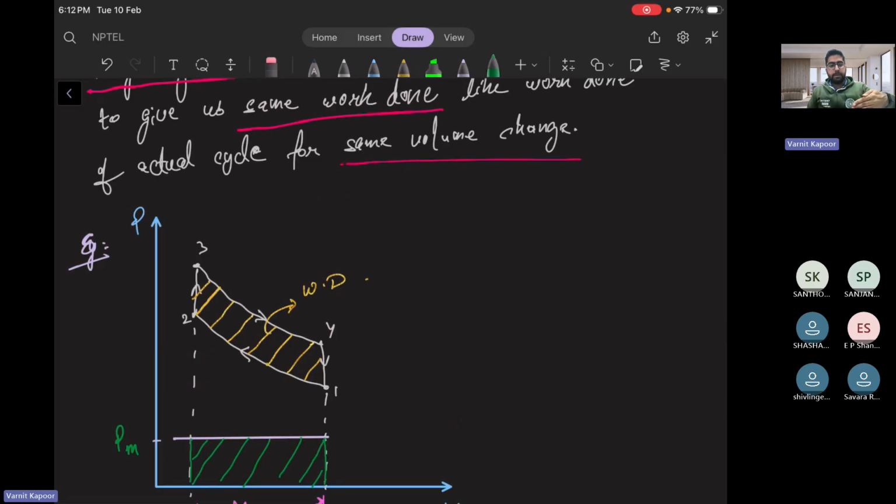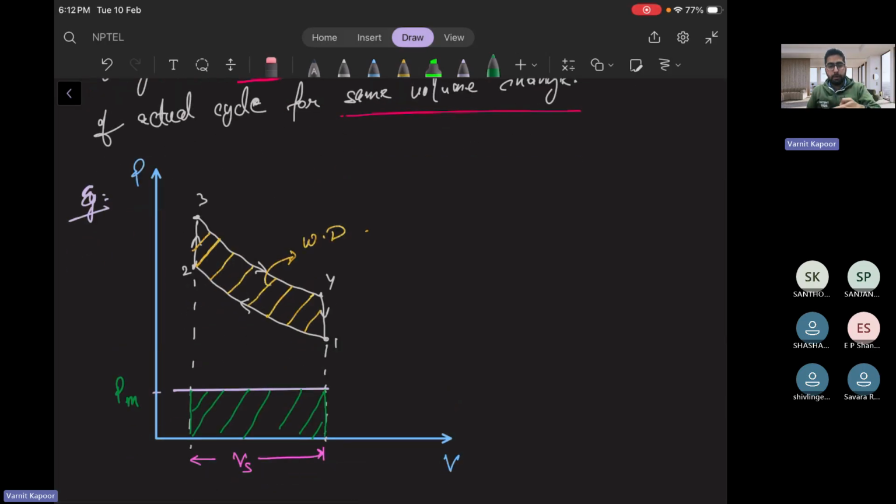A constant pressure which gives the same amount of work done. So the work done by mean effective pressure, work done M, and the actual work done will be the same. Work done is equal to work done M. Both the work done will be the same.